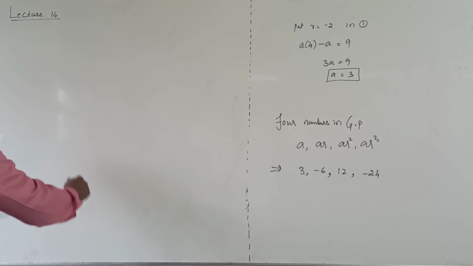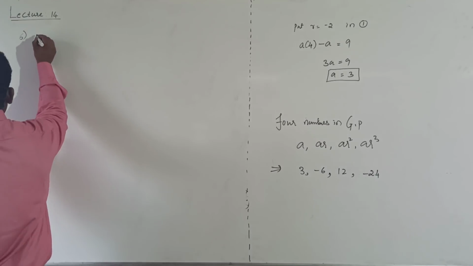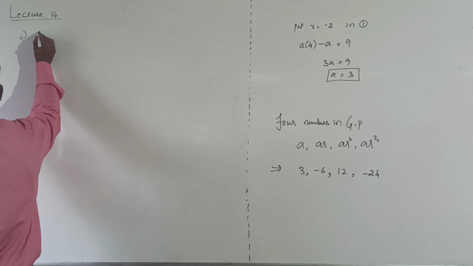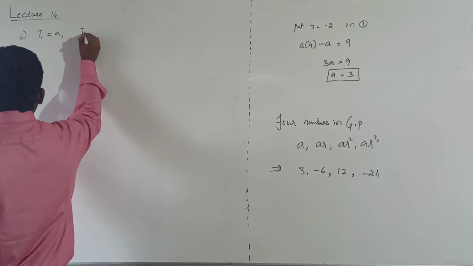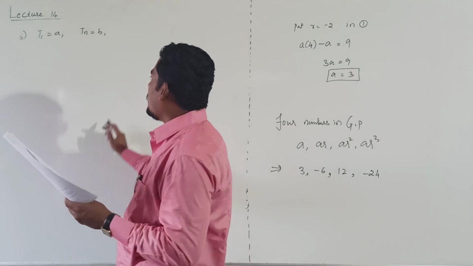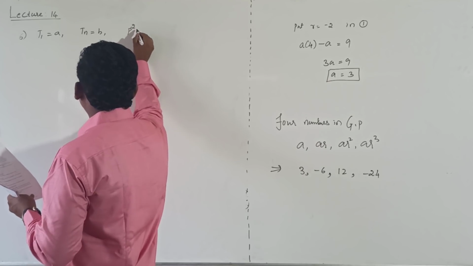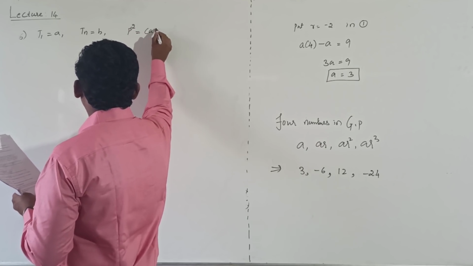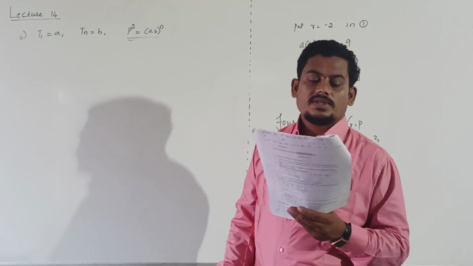The first term T1 is a, the nth term Tn is b, and P represents the product of the first n terms. Then P squared equals (ab)^n. This is our requirement.